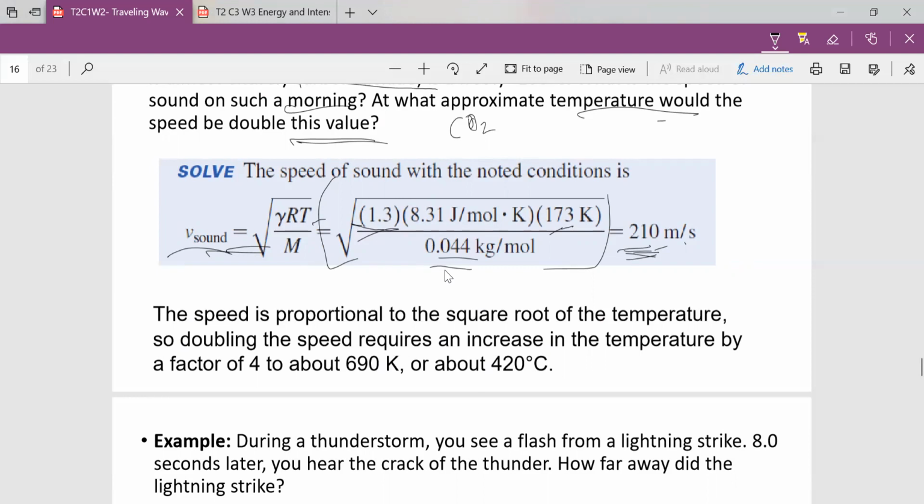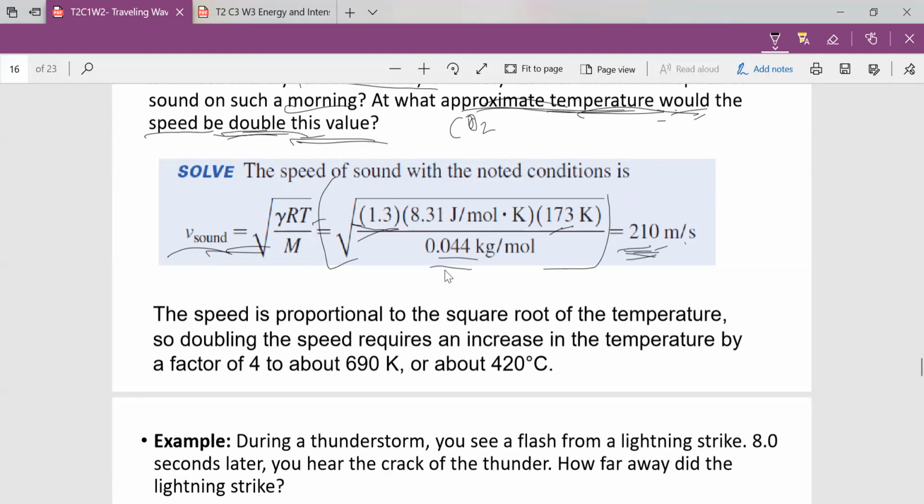So remember, we're asked to find the approximate temperature that will double that value.